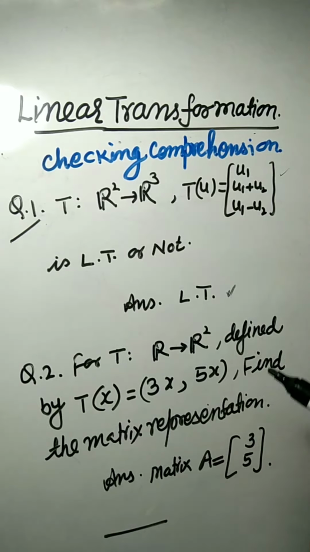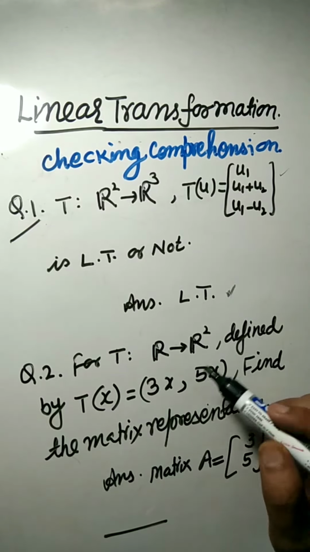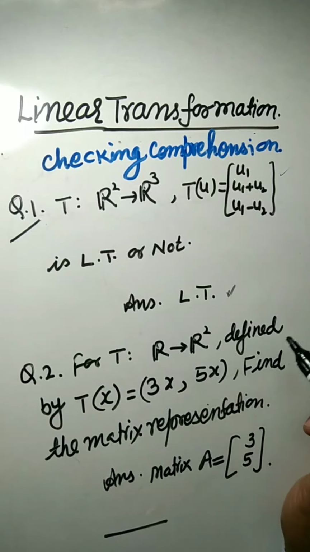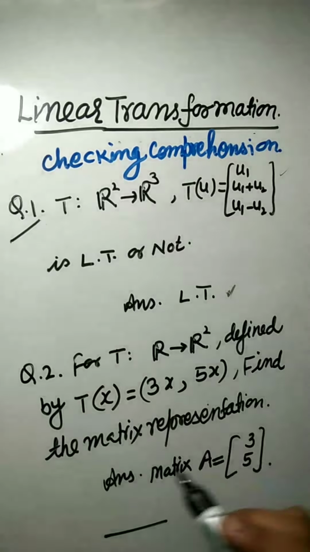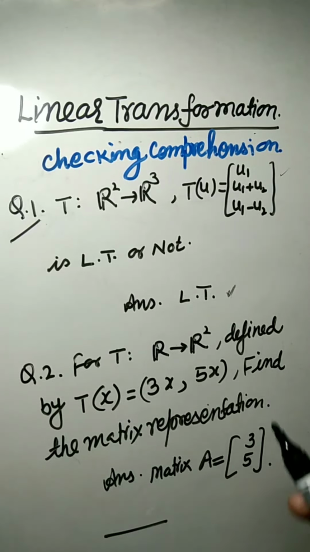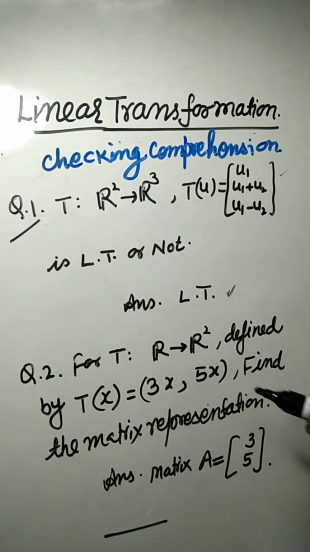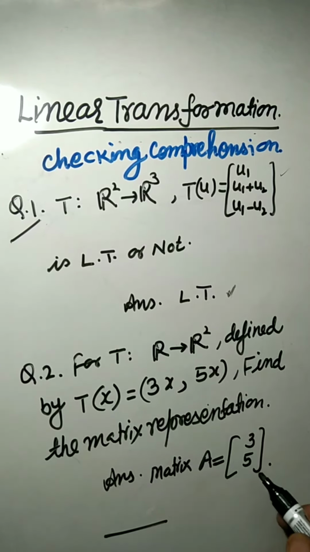Second question, for the transformation from R2 to R2, defined by this one, 3x, 5x, find the matrix representation. One can solve it easily and obtain the matrix 3, 5. You can solve it easily.